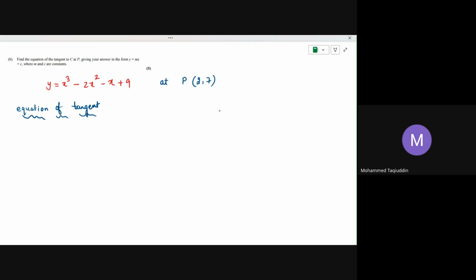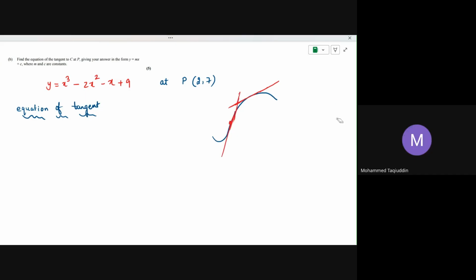It's always straight. Whatever curve you have, if I draw a tangent here at the stationary point, it just touches the peak point and passes. It's not just the peak point. I can also draw the tangent somewhere here, like this.